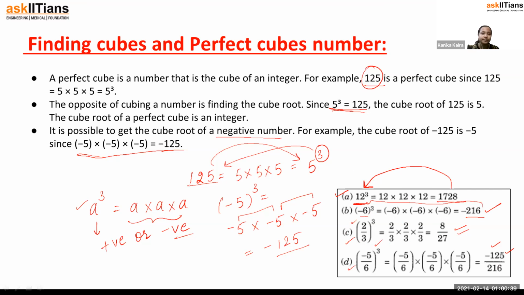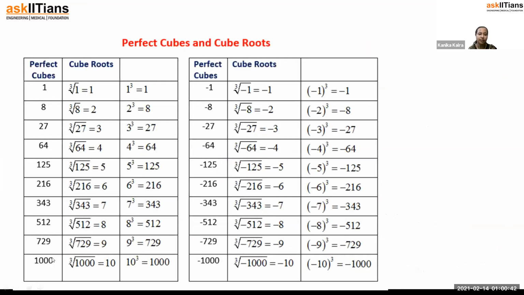Let's move further. These are the various examples of perfect cubes given to you for positive and negative numbers. So perfect cube 1, cube root is 1 and cube of it would be 1. Cube root of 8 is 2, cube of 2 is 8. This is how you can understand the cubes of 1 to 10, and you can find the cube roots as well in the same manner.